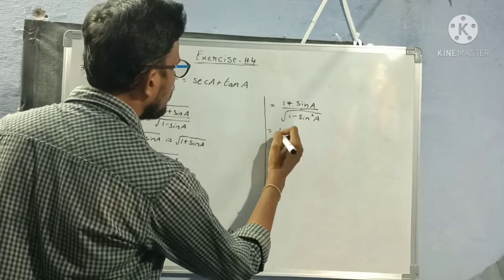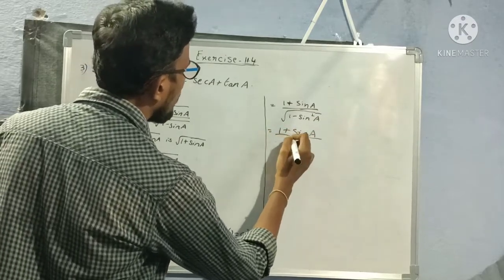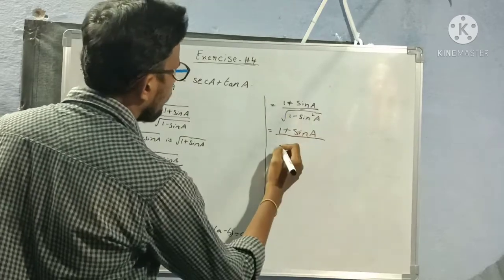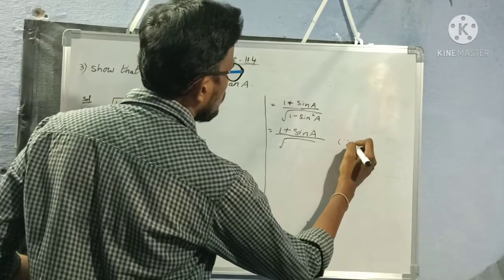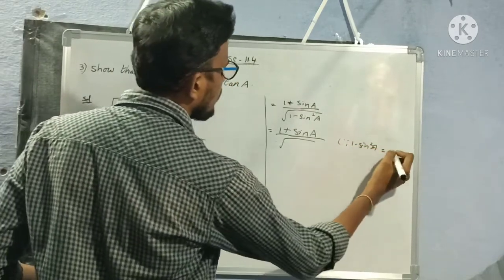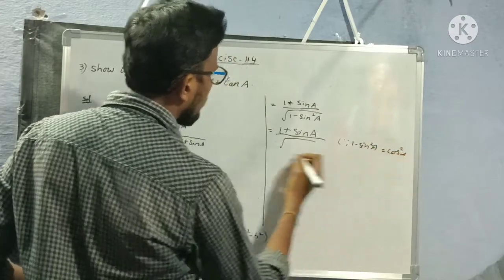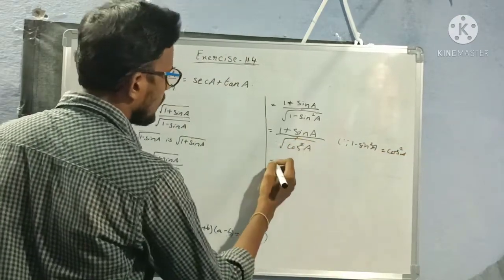So that is equal to (1 plus sin A) by square root of 1 minus sin square A. Since 1 minus sin square A is equal to, what is 1 minus sin square A? Cos square A. The same I am writing here, cos square A. So the square root gets cancelled here also.